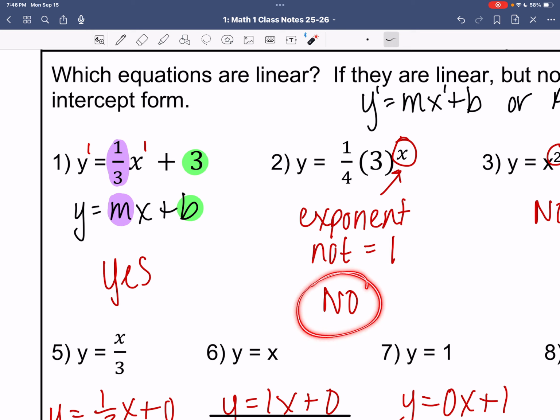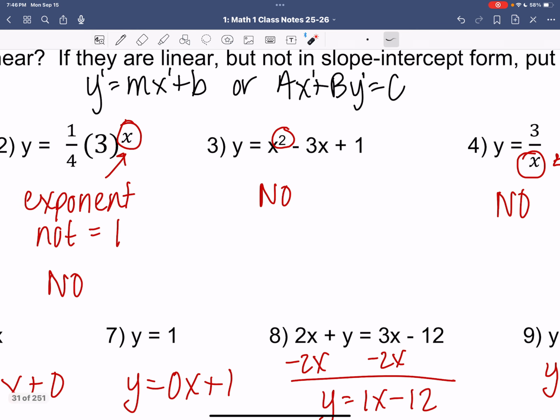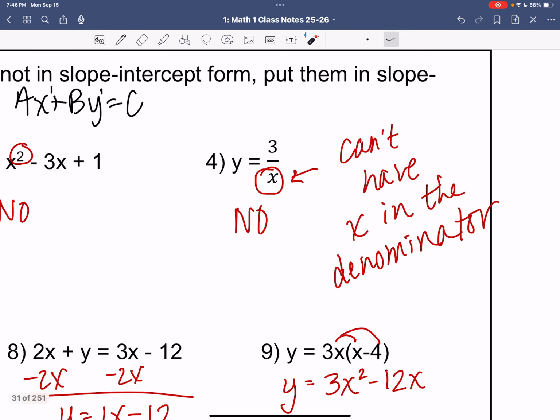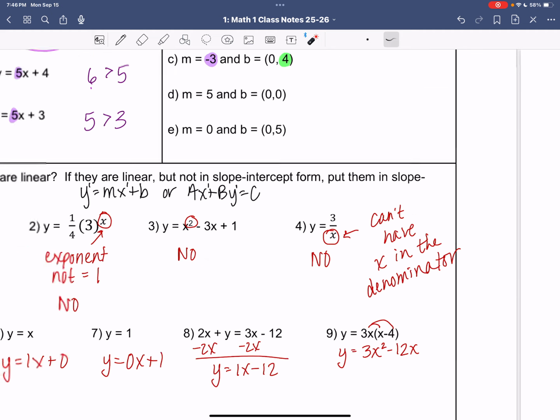So this one is no. Now number 3, this is not linear because of that exponent. Number 4 is not linear because you can't have an x in the denominator. It's going to be a different looking graph that curves. So this one is not linear.